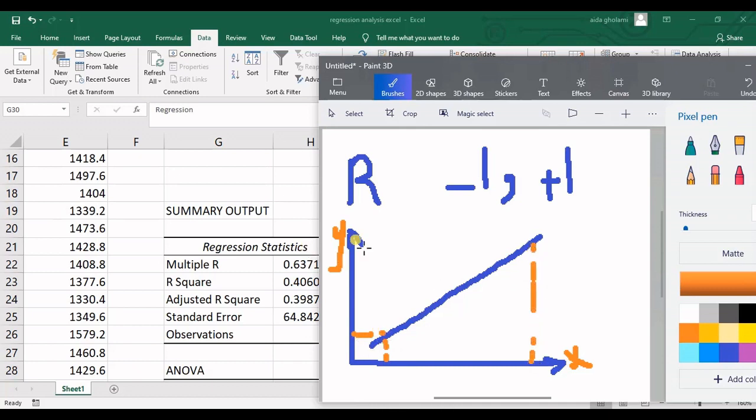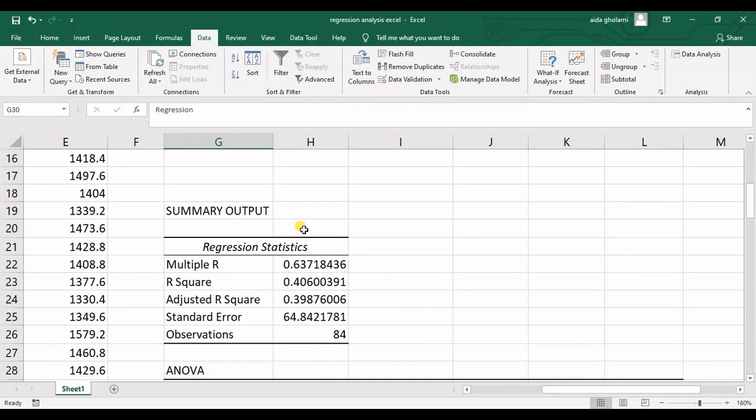Wherever x is up, y is up. So those are the ranges and meanings of these numbers for the coefficient of correlation, or multiple R, which you can see here is plus 0.63. That is not a bad number, and it can indicate a direct positive relationship between two variables.